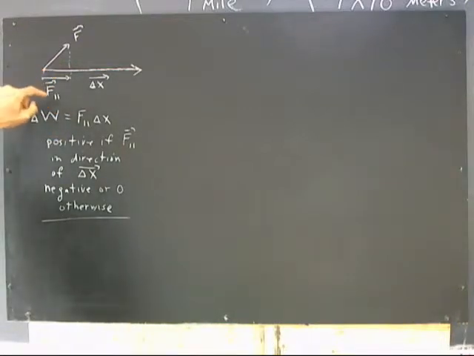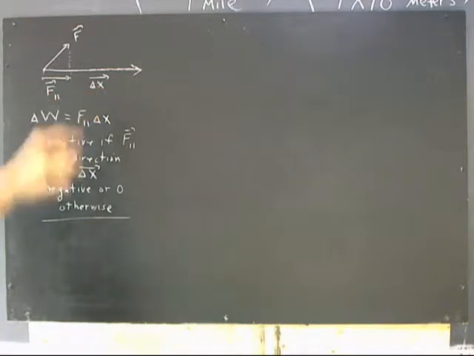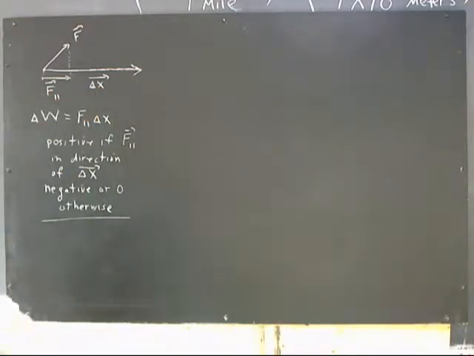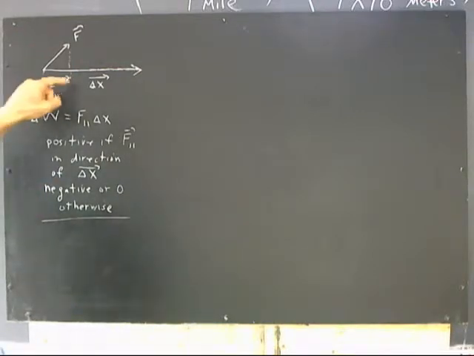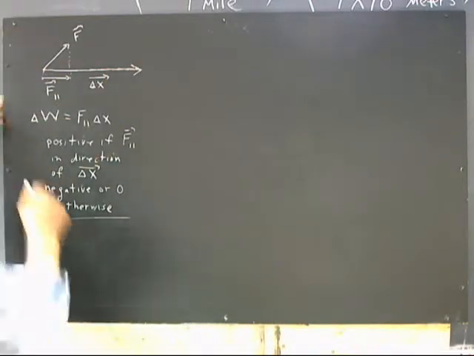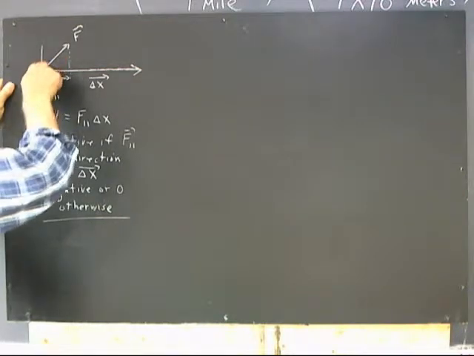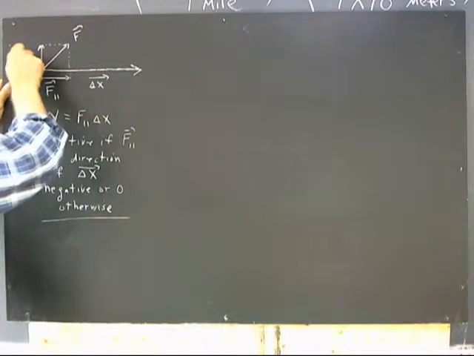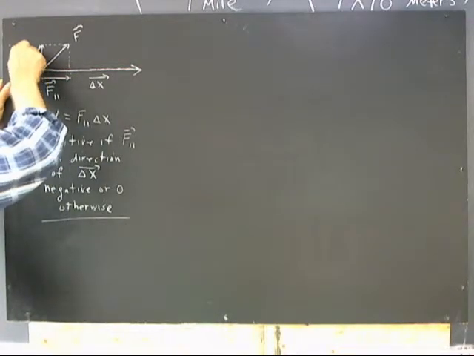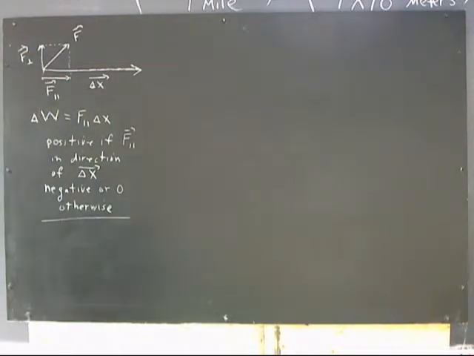To get a handle on the effect of that force in helping the car move, speed up, climb an incline, overcome friction, whatever it happens to do, I can break the force into a component parallel to the motion, and I might as well draw a component perpendicular to the motion.